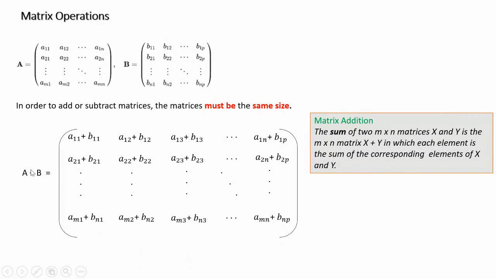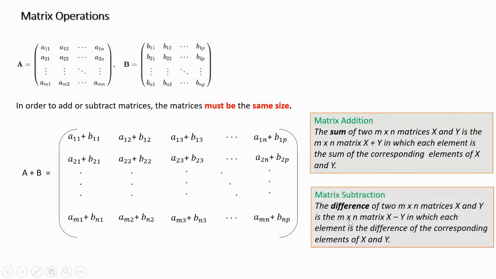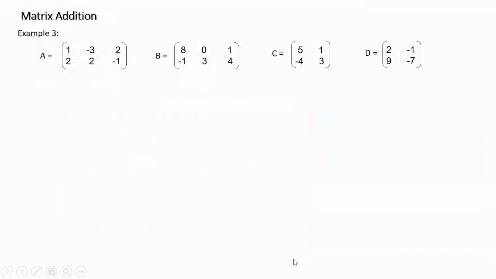The uppercase letter represents the matrix. So we have to add the first row, first column on matrix A, plus the first row, first column on matrix B, and so forth. That's what this definition means. And it's also the same thing for subtraction. So I'm going to do an example of addition and then subtraction.